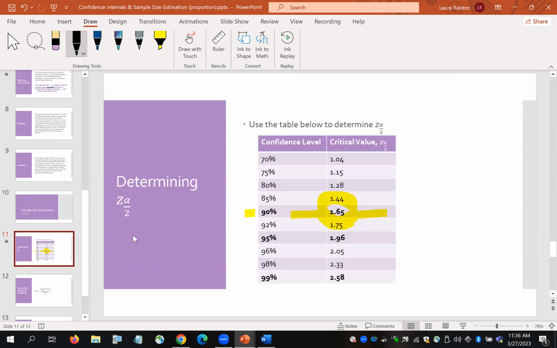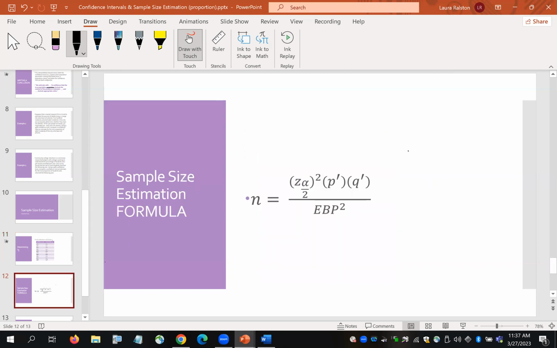I'm still using that same table that we had earlier to determine my critical value. It's the same table, and that table is provided on the test. The formula looks a little bit different because now we're dealing with a proportion.